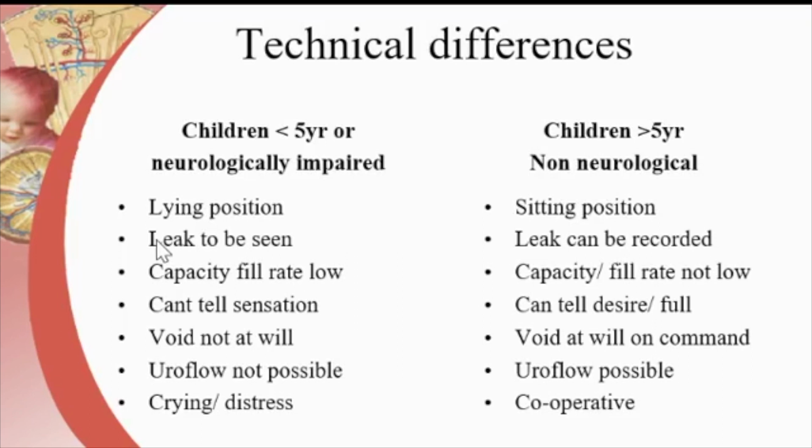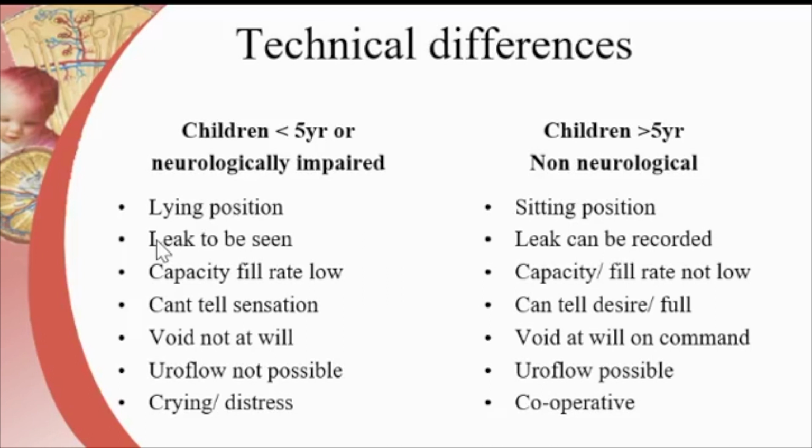The voiding phase is really not possible in little children because a 6 or 7 French catheter itself will take the entire urethra, and in addition to that, you ask them to void around it during the voiding phase. That becomes extremely difficult.